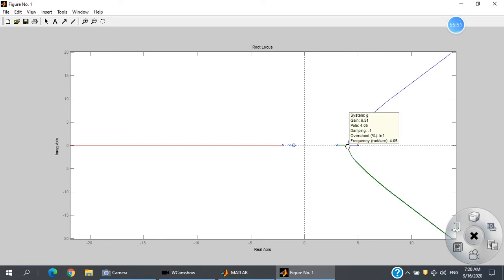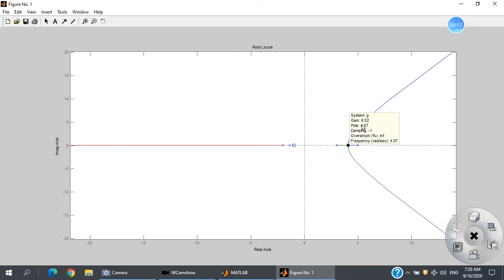Can I move it to make it more accurate? Now the pole is at 4.07. So this is the breakaway point, where the system has two poles at the same point.